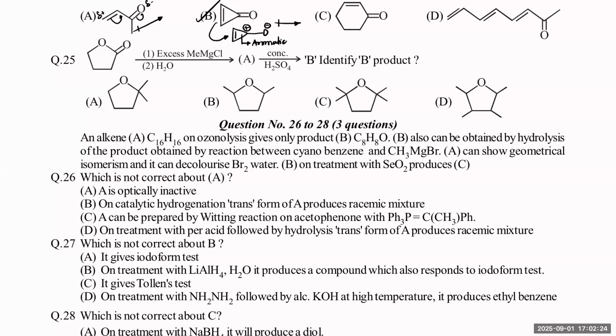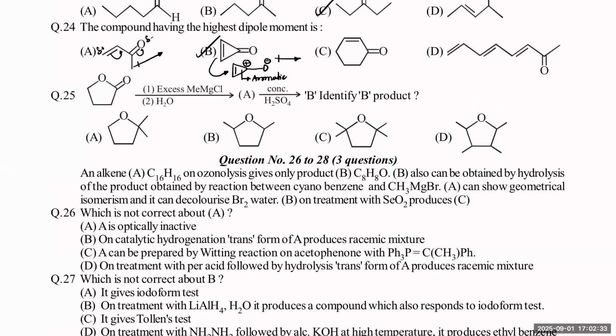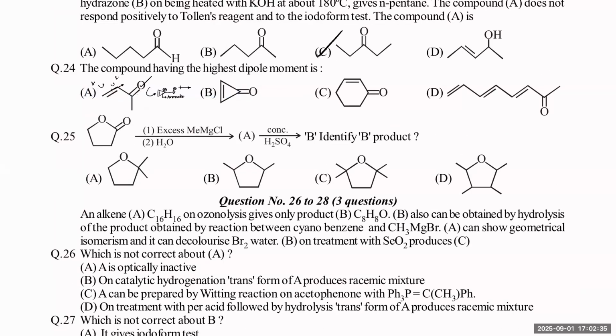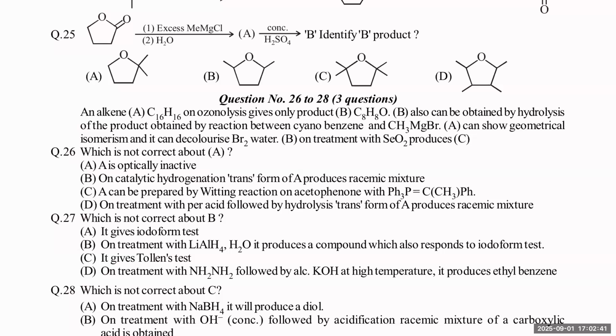You have a cyclic ester and you're trying to react with excess amount of methyl chloride. Okay. So let me just take this away and bring it down here. Let me show you how this would work.